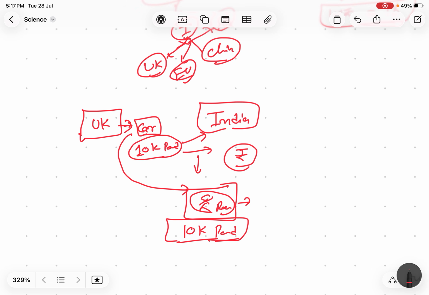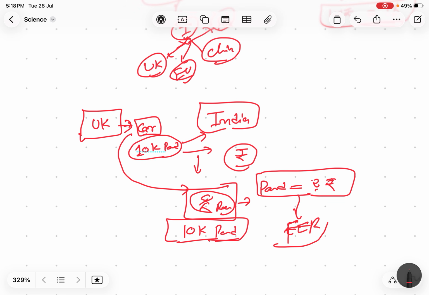He has to know the unit, that for 1 pound how many rupees he has to pay. So to solve this problem everywhere, we need the foreign exchange rate.